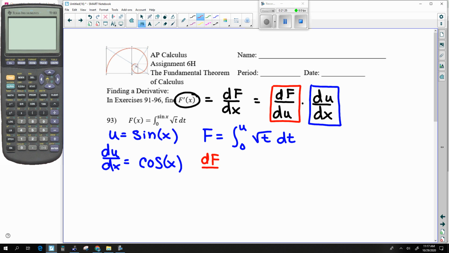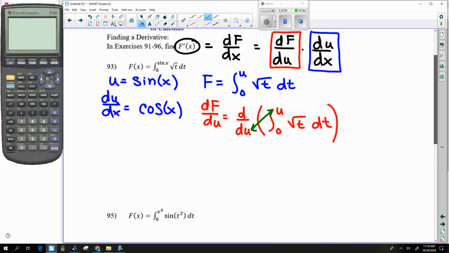So df du is the derivative of f, which is the derivative of the integral from 0 to u of square root t dt. Notice the fancy footwork created a derivative that is the same as that numerator. All right, so that's df du.